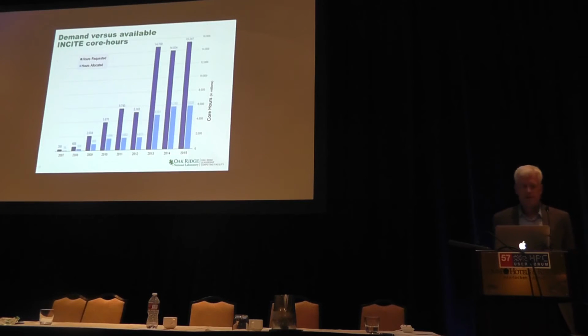The INCITE program is still the major allocation program for these leadership computing facilities. About 60% of the core hours are allocated through the INCITE program. And there you see the ratio of requested versus awarded. I don't know what a good ratio is. If the request is less than what we can award, that's a problem. This is kind of 3 to 1. 10 to 1 may be bad. It may indicate we really are poor in our ability to service the user base.